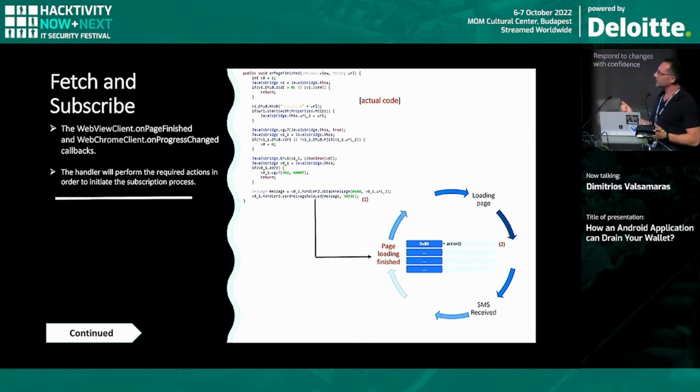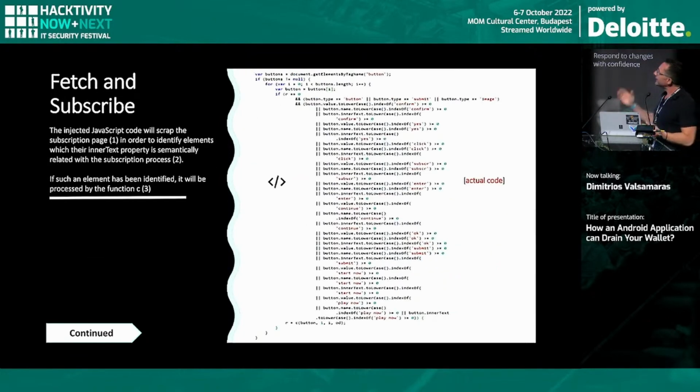The Android OS handler will inject code similar to the one that you see here, and it does something like the following. It will scrape the page and search for elements which are clickable and relevant to the subscription process. For example, they're tagged like confirm, yes, click, enter, subscribe.